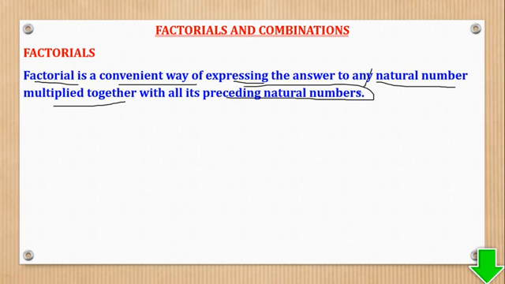So natural number, you keep on multiplying. For example, if I have 5, preceding natural numbers are 4, 3, 2, and 1. What this statement means is you multiply all of them. So that's what factorial means.